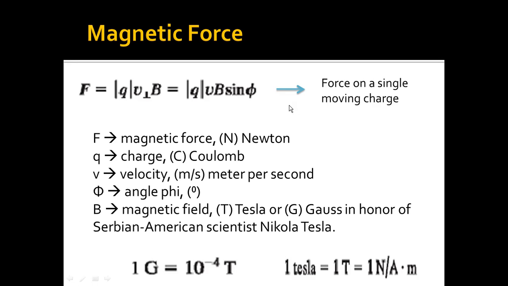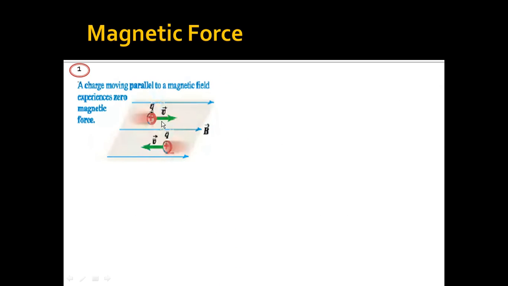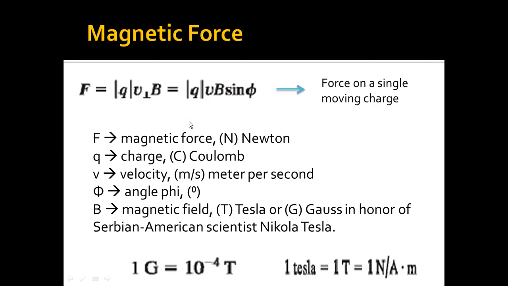If we consider the angle between the velocity and the magnetic field, for this scenario, the positive charge enters the region parallel to the field, therefore the angle between the velocity and the magnetic field is zero. So if we plug in that value in sine phi, that would be sine zero. Sine zero is of course equal to zero. So this whole quantity is equal to zero. So the force is equal to zero.